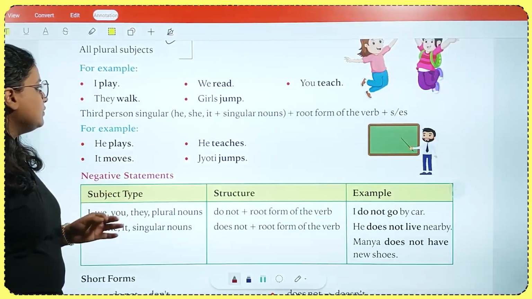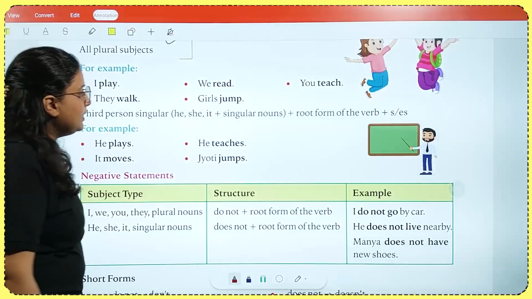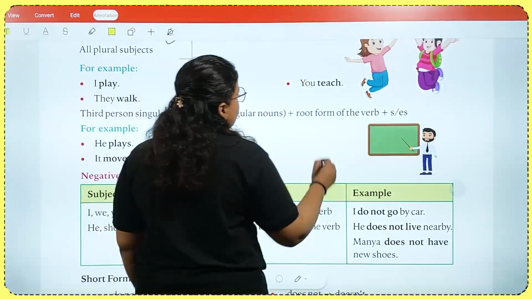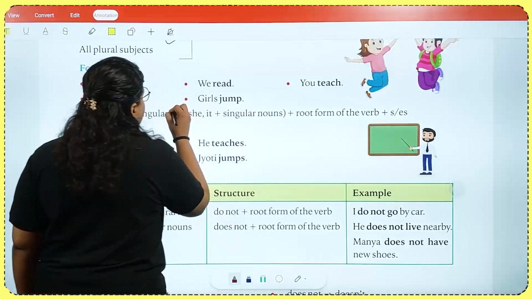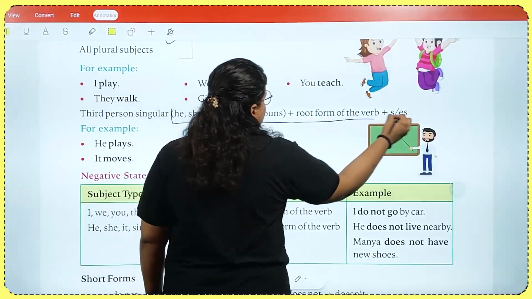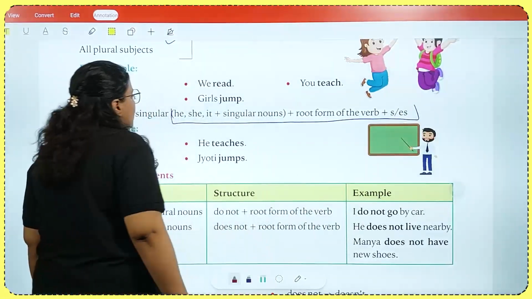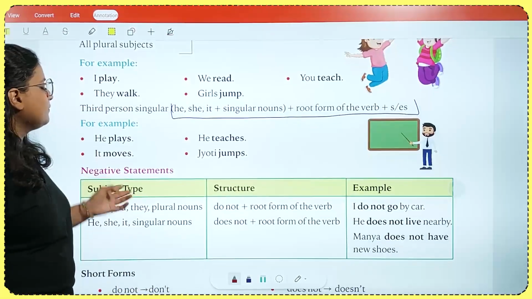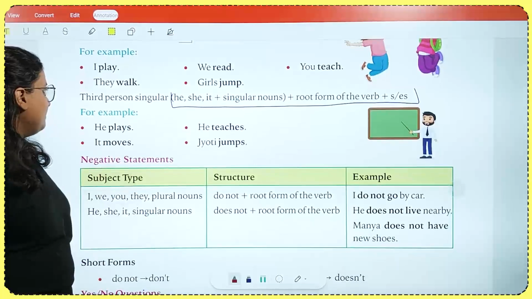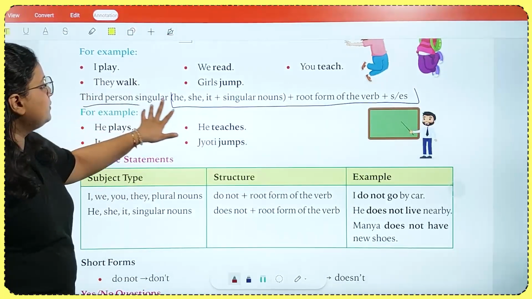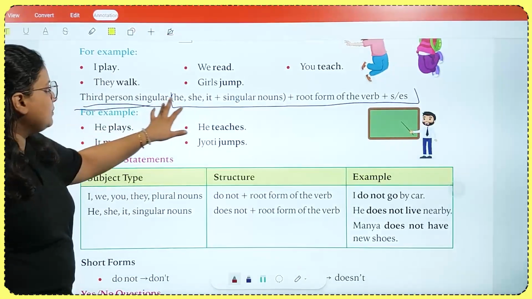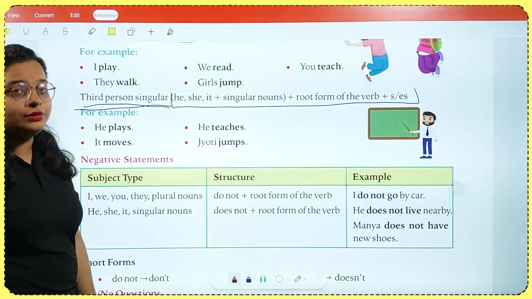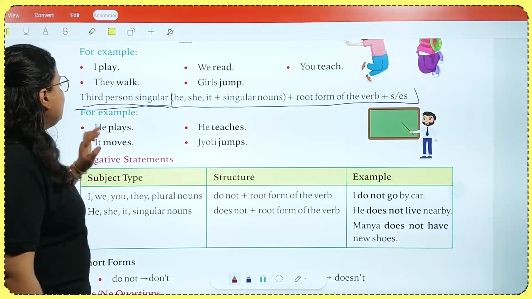Third person singular he, she, it, plus singular noun, plus root form of the verb, plus s or es. This is your basic structure. For example, please remember the fact if we are talking about third person singular, he plays.